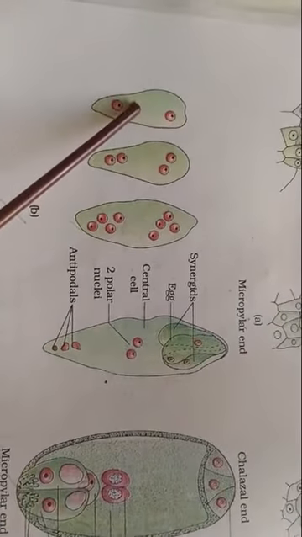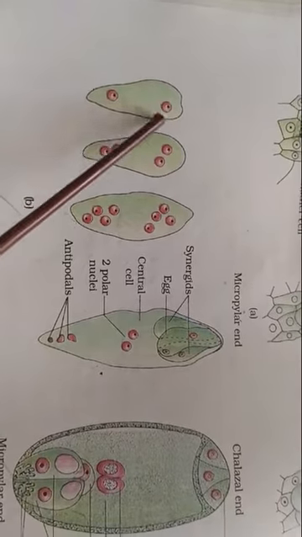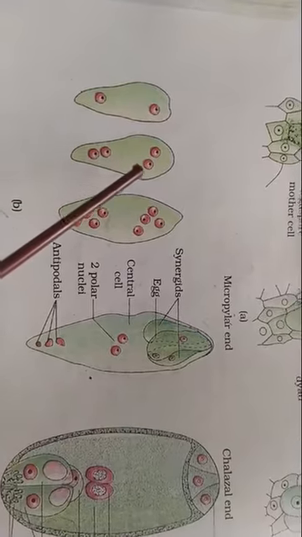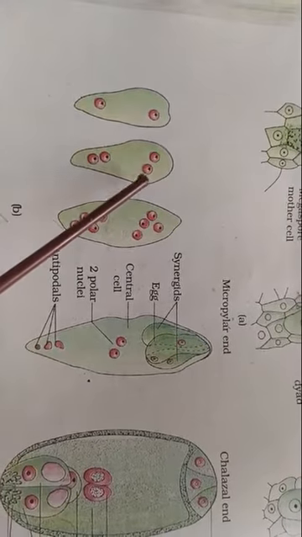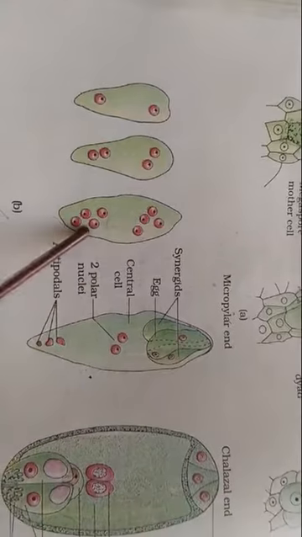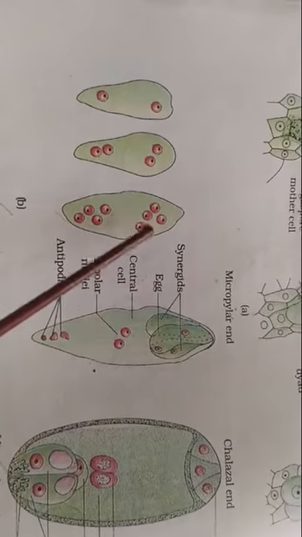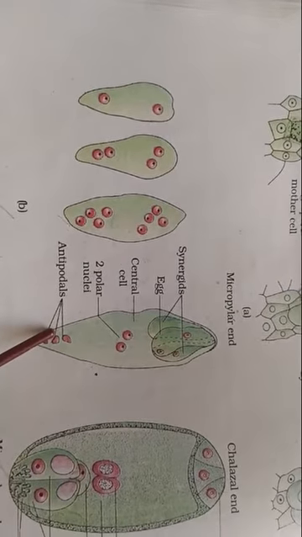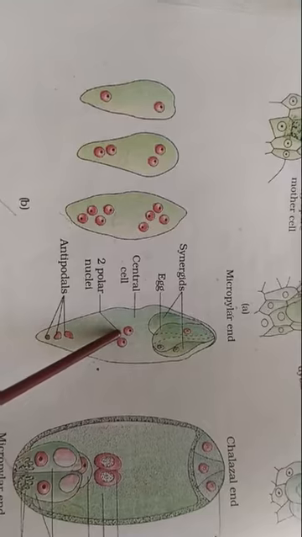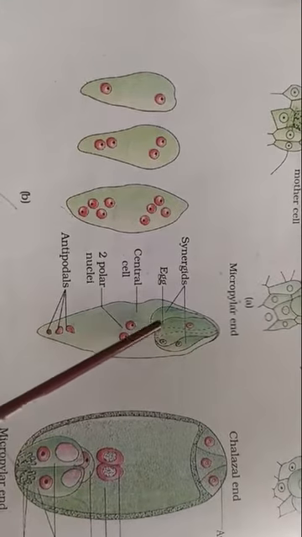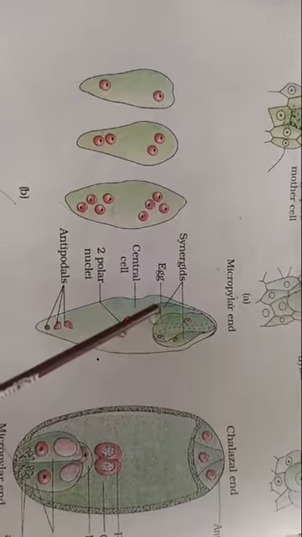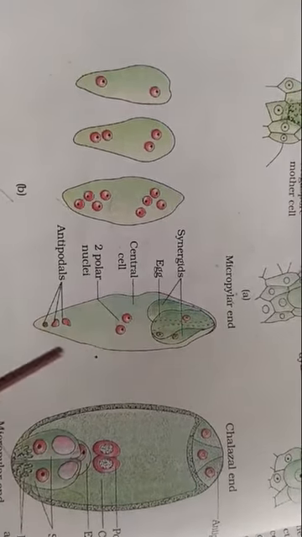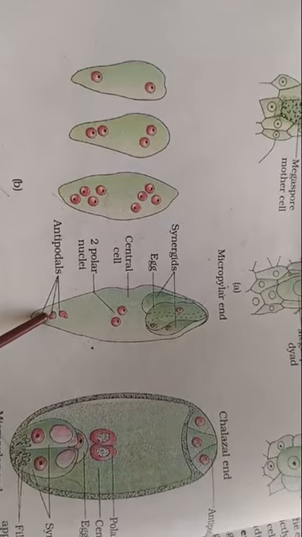Now it undergoes mitosis again, where 1 nucleus divides to 2. It migrates to the poles. 2 further divide to give you 4 nuclei. 4 nuclei further divide to give 8 nuclei. Out of them, 3 remain at the micropylar end, 3 remain at the chalazal end, and 2 come in the center. So you have 2 polar nuclei, you have 1 big central cell, you have 2 synergids and 1 egg cell, and here you have 3 antipodal cells.